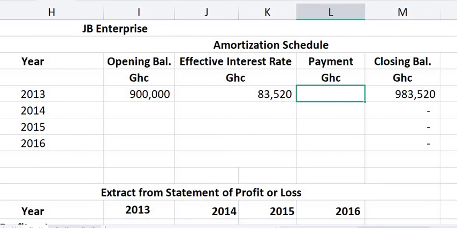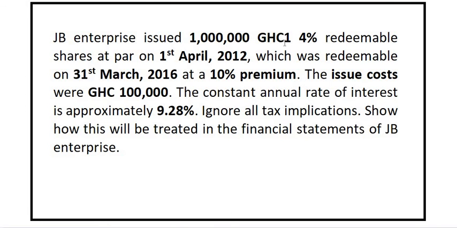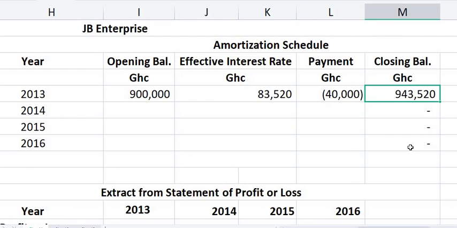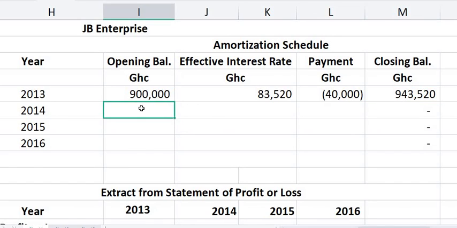And the coupon, the annual fixed payment, is 4% of the par value, and that is 40,000. So at the end of the first year, we are having 943,520 as our closing balance, and this closing balance becomes the opening balance in the next year.